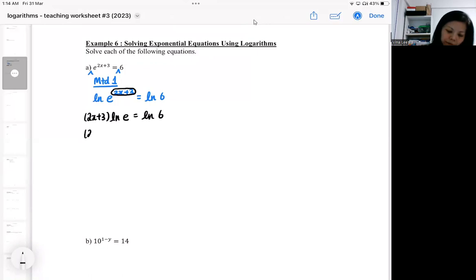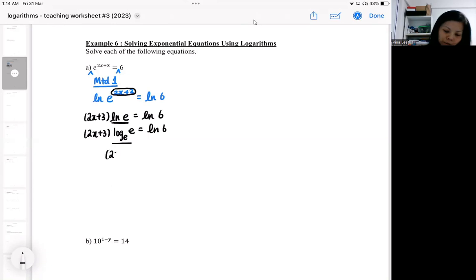And if you still remember, that is log base e. So this part is the same as this part, which is like your rule number 1 in logarithm. You can relate it to rule number 1, or you can punch it in the calculator. ln e in your calculator will also give you a value of 1.